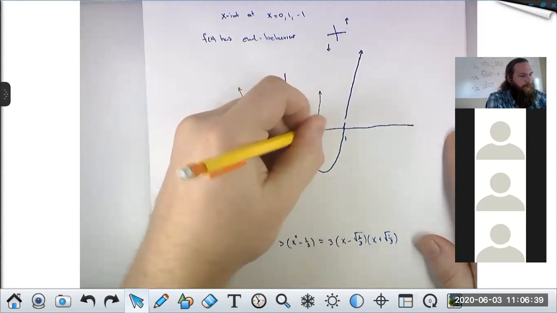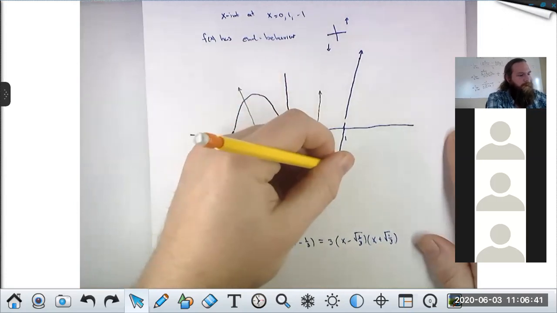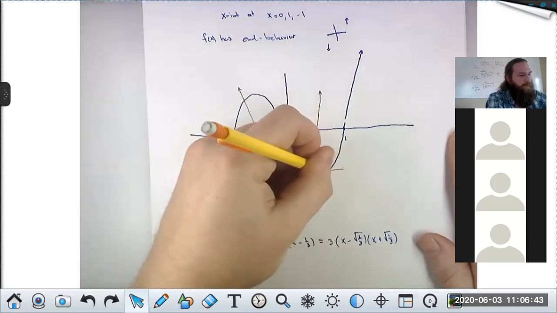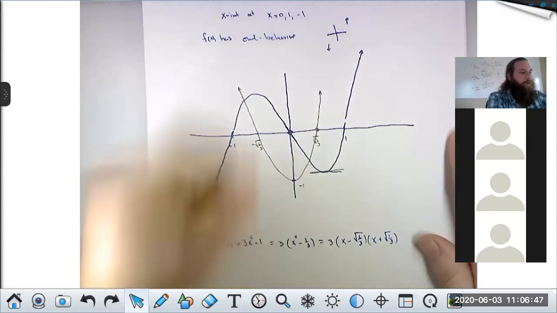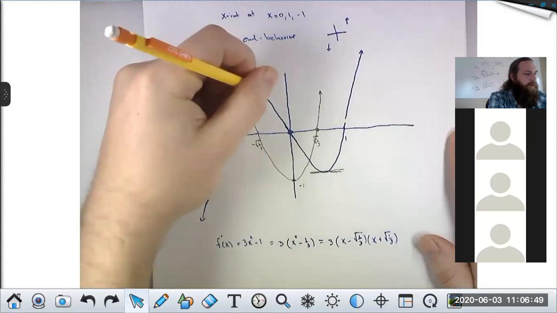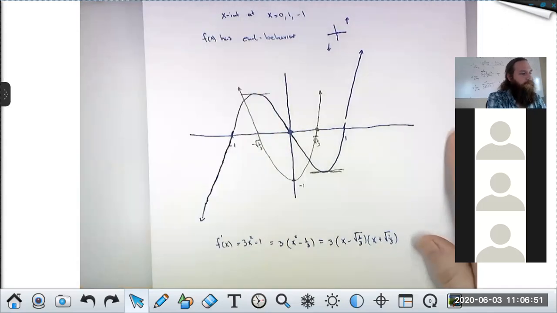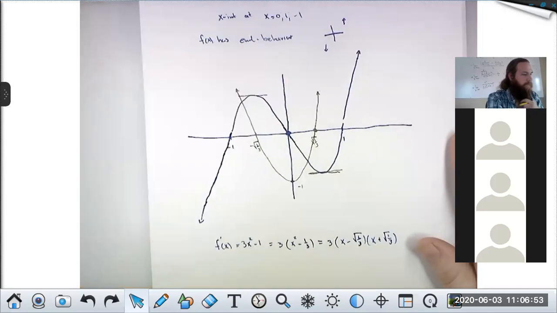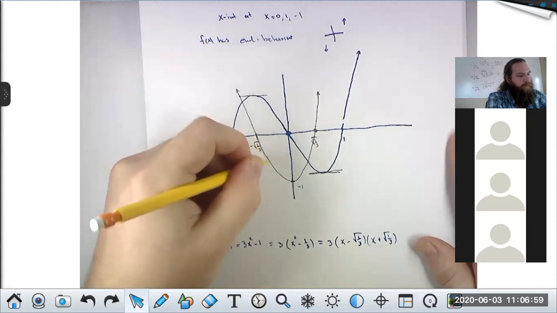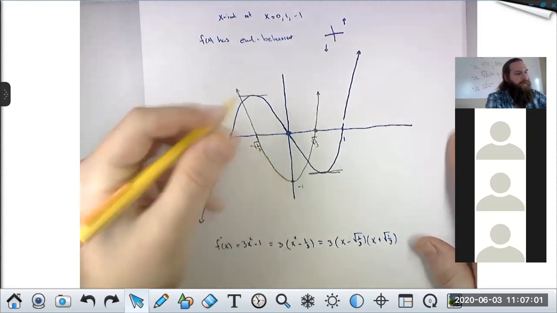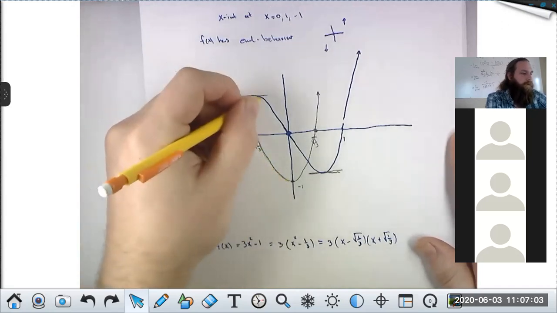Right here, where f prime is equal to 0, I have horizontal tangents on the original. Right here, where f prime is 0, I have horizontal tangents on the original. In here, where f prime is negative, my function is decreasing.